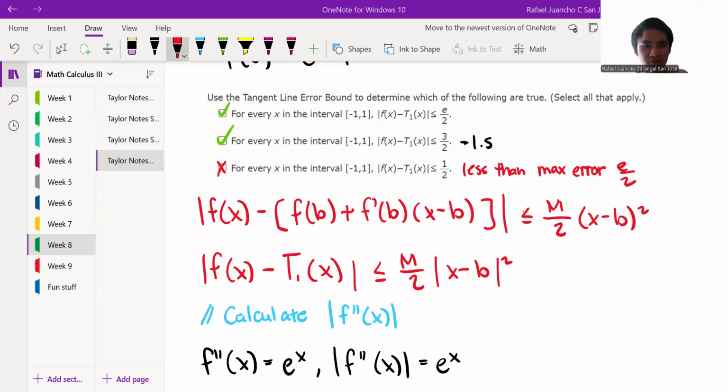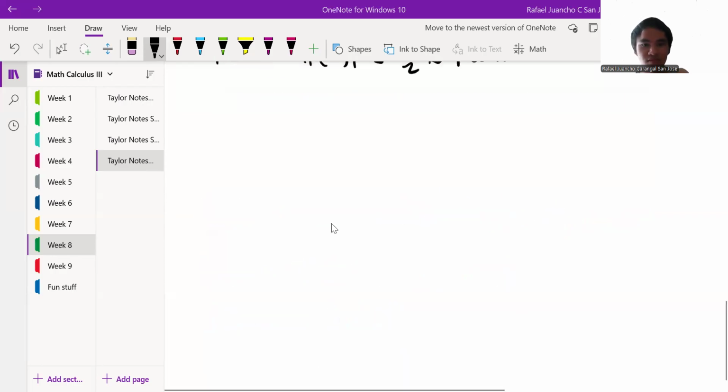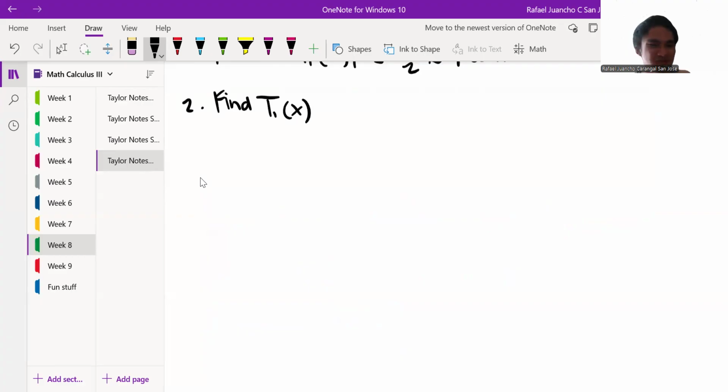Right. So number two, again, we're being asked to find the Taylor polynomial, the first, or what do we call this again? First Taylor polynomial for some function f of x.